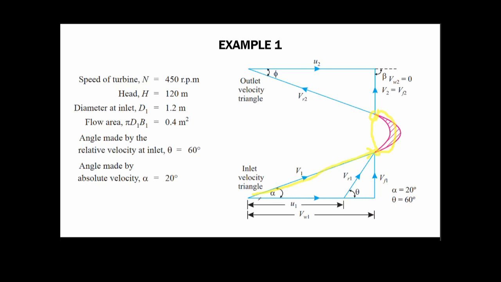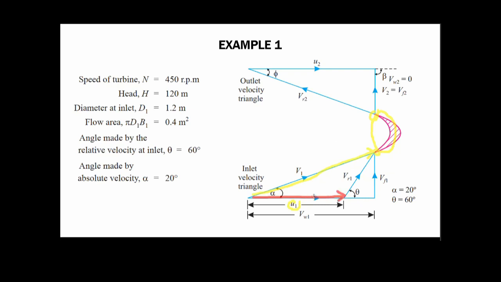Okay, and then at the same time, the vane or the turbine is moving with velocity u1 given by this arrow.